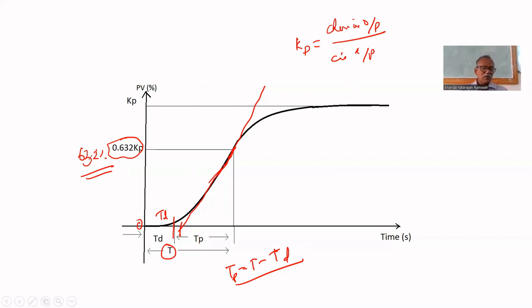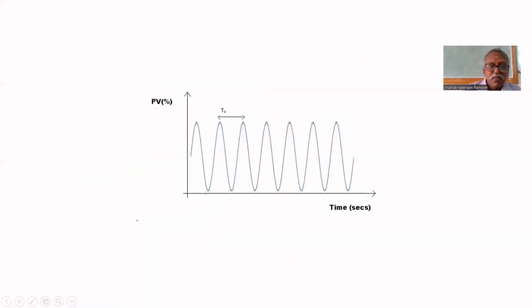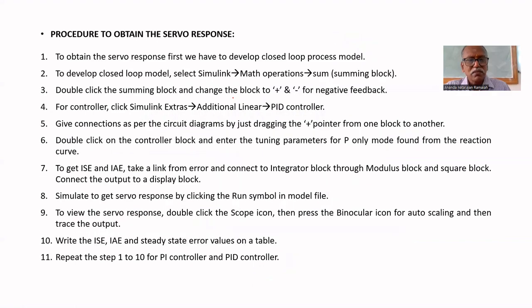Since it is a linear process, there is no problem in doing it at 0 as well as at other operating points. So we are taking a linear process, that's why the simulation can be done from 0. In the sustained oscillation method, you note down Kc, the value of Kc for which it exhibits sustained oscillation. Then we measure Tu, the ultimate period. Then we apply the formula and find the tuning parameters.